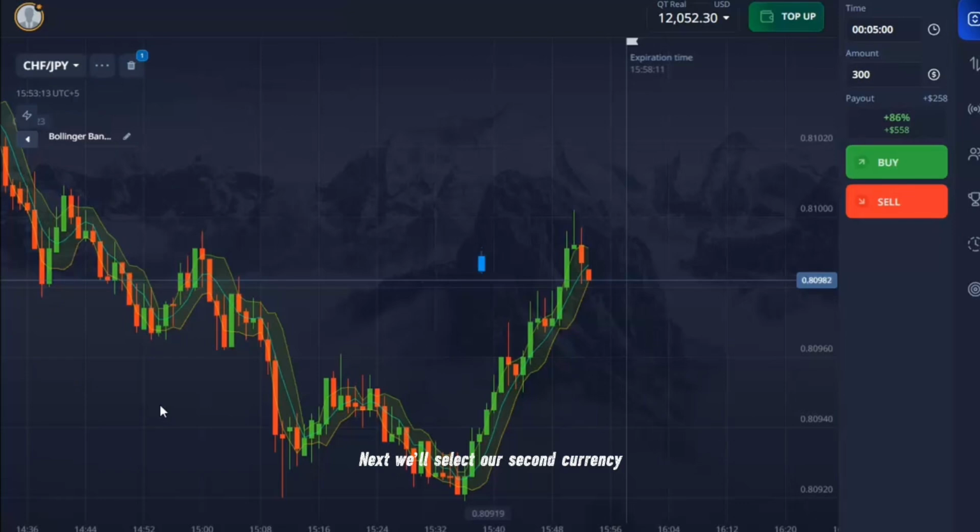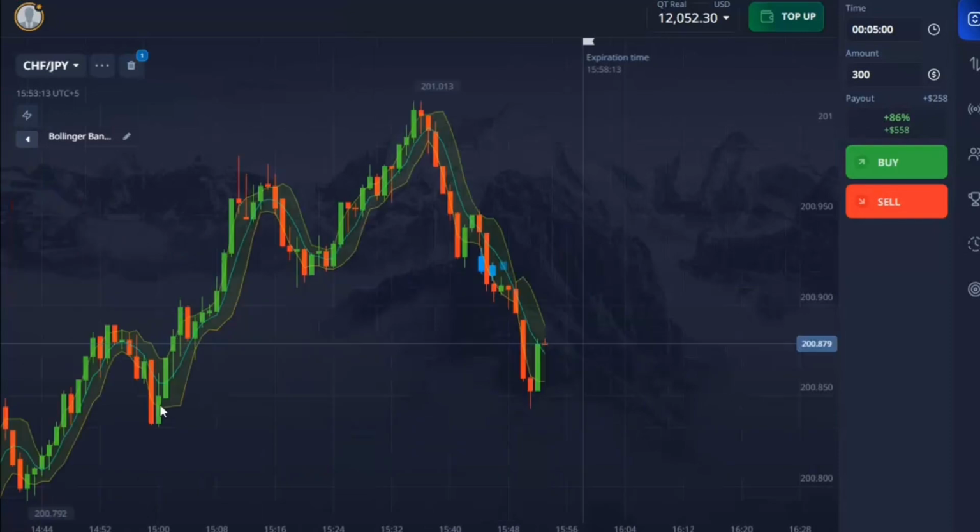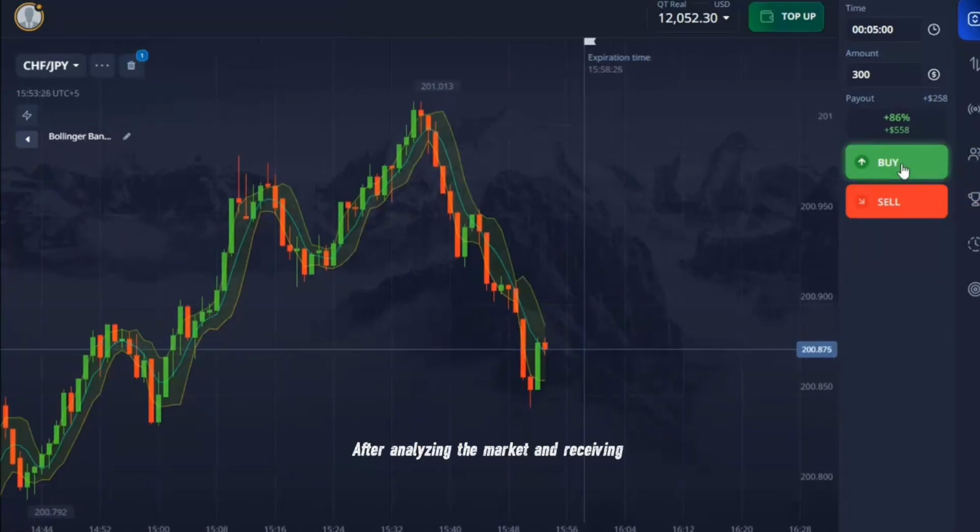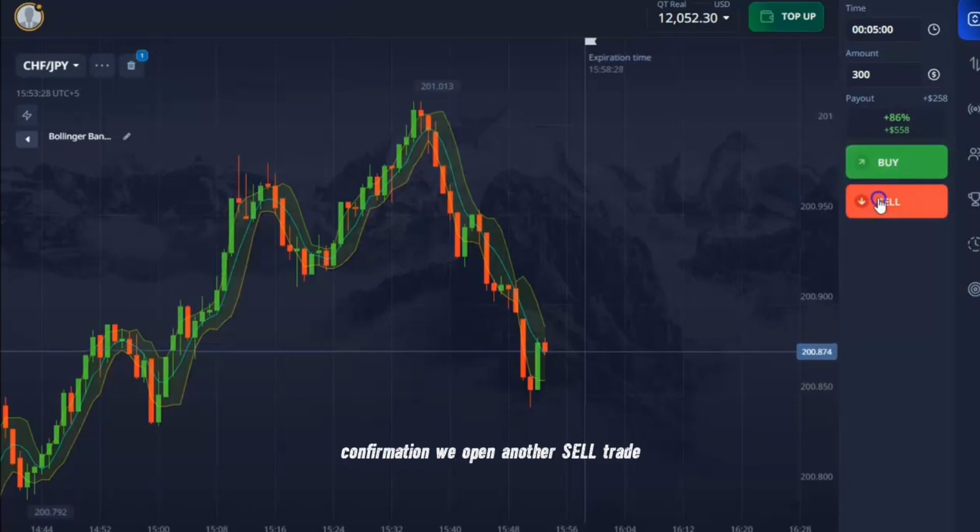Next, we'll select our second currency pair, CHF/JPY. After analyzing the market and receiving confirmation, we open another sell trade.